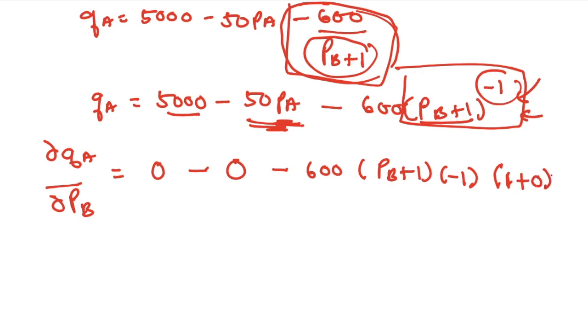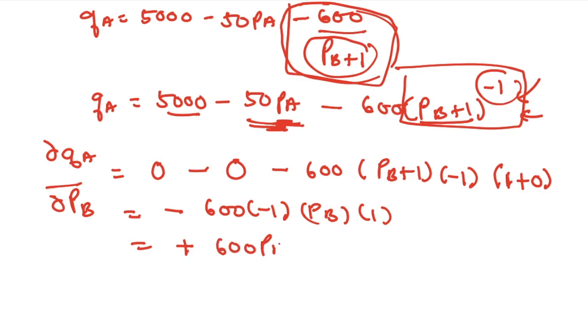You get me? Okay. So then the final answer is minus 600 times minus 1. Okay. PB times 1, isn't it? So it becomes 1. Minus plus, isn't it? 600 PB.